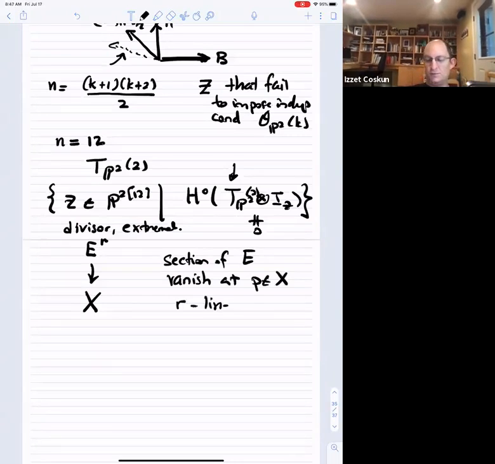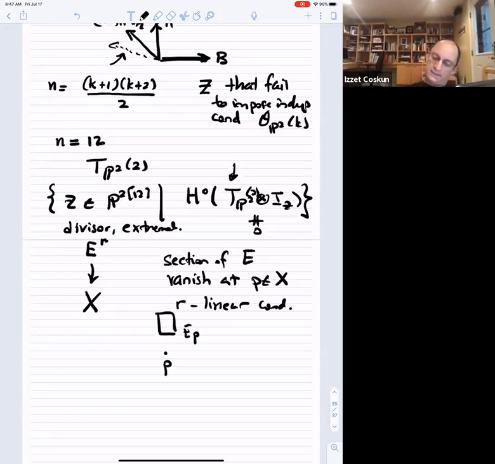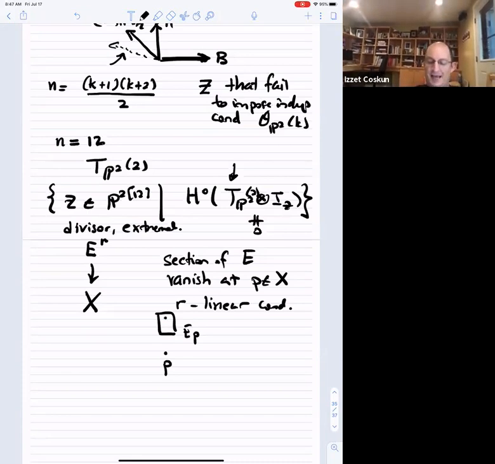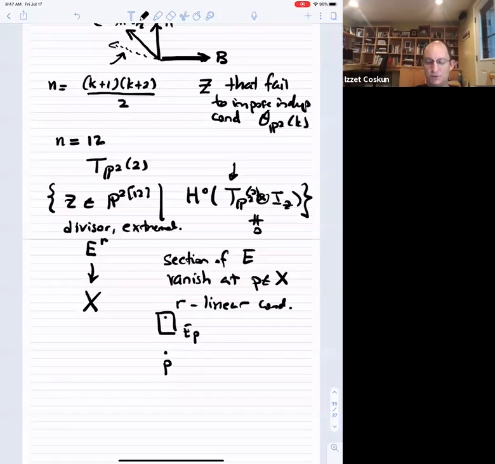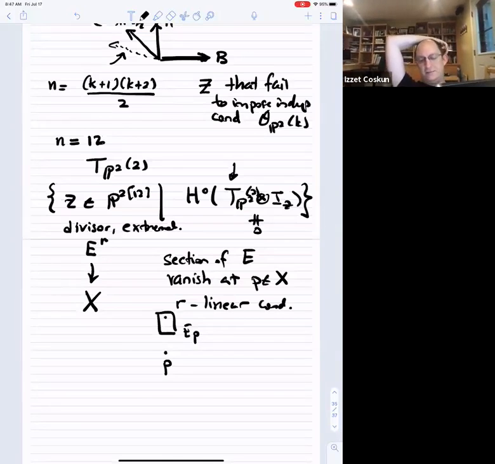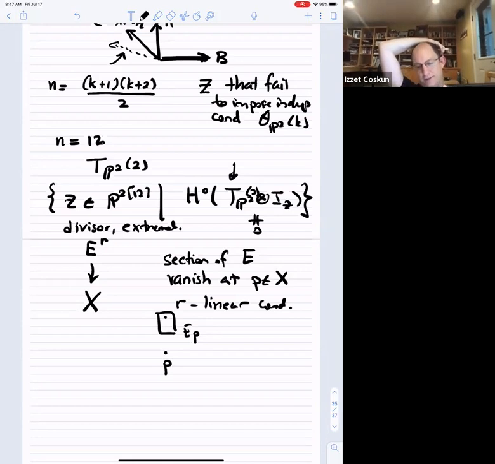In other words, over that point P you have the fiber of this vector bundle, E_P, and what you want is the zero vector in there. To say that the section passes through the zero point instead of just a random point of this R-dimensional vector space should be R linear conditions, yeah?